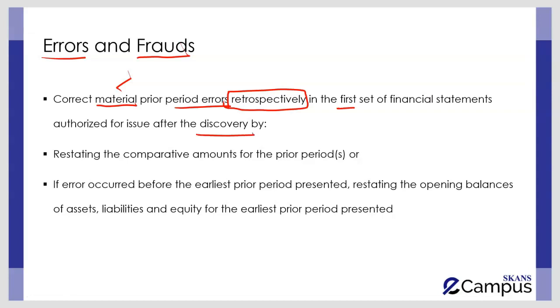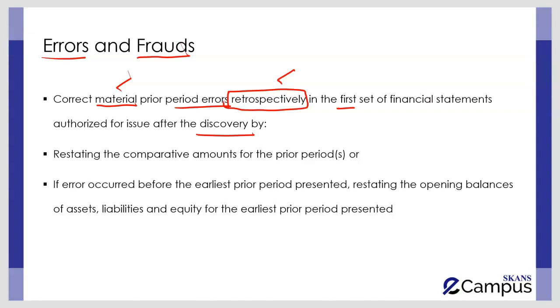So there are 2-3 key points in it. First of all, the error needs to be material. Then its adjustment needs to be made, but that has to be done retrospectively. We have covered in the changes in accounting policies what we mean by the word retrospectively. So we are going to correct it retrospectively in the first set of financial statements.